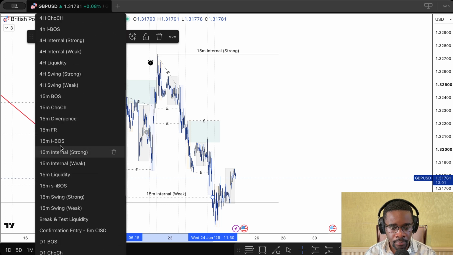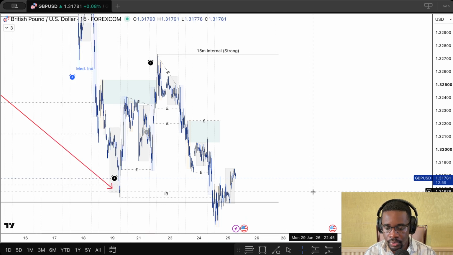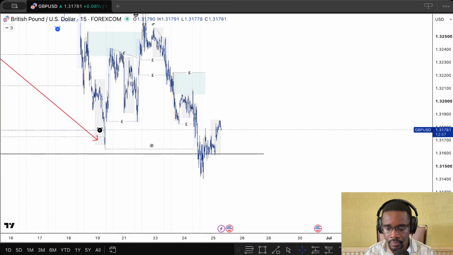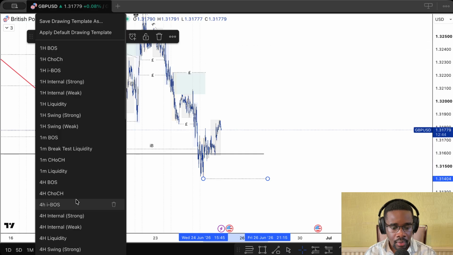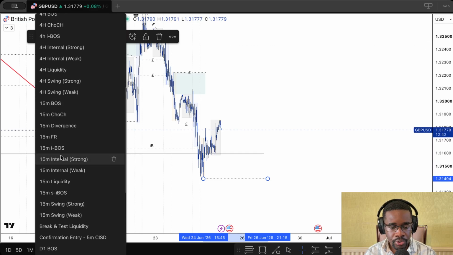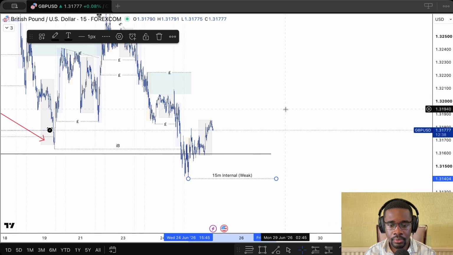So on 15M, my BOS, which means now this is my range. This is my current range, 15M internal.